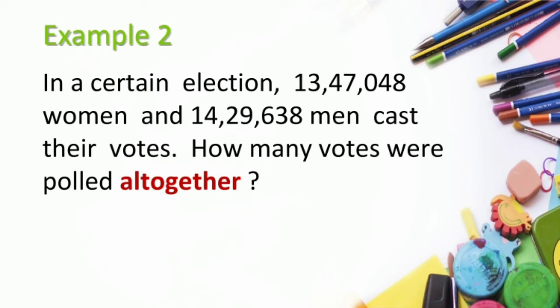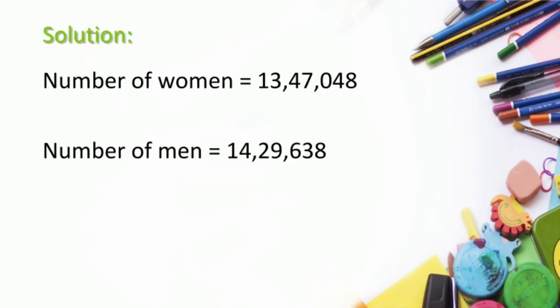So how will we start the word problem? Number of women equal to 13,47,048. Number of men equal to 14,29,638. So from the first statement we have written the information given in this question.